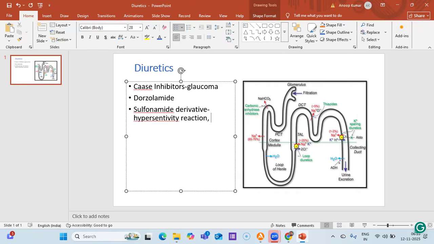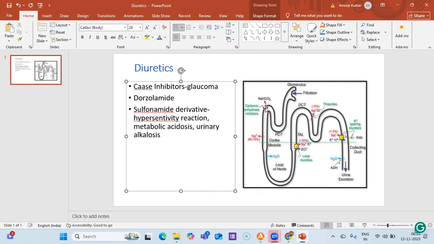Another adverse effect can be metabolic acidosis, right? And it can cause urinary alkalosis. And you know the reason why urine can become alkaline and why your blood can become acidic when you are giving carbonic anhydrase inhibitors.